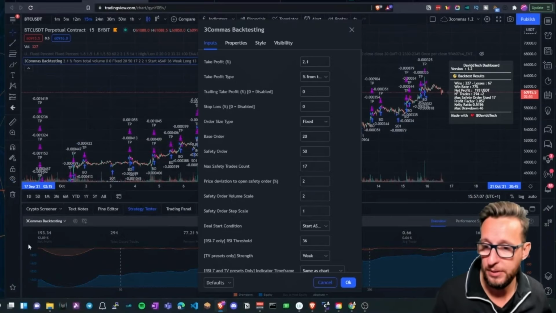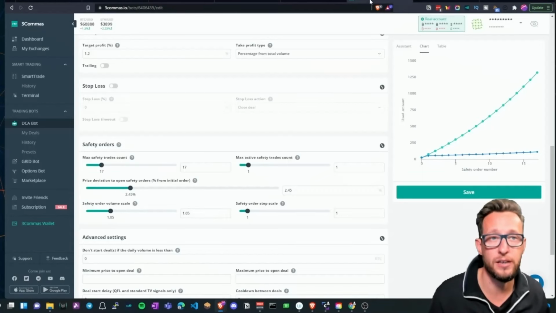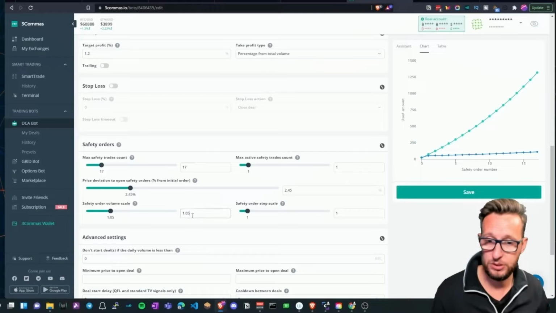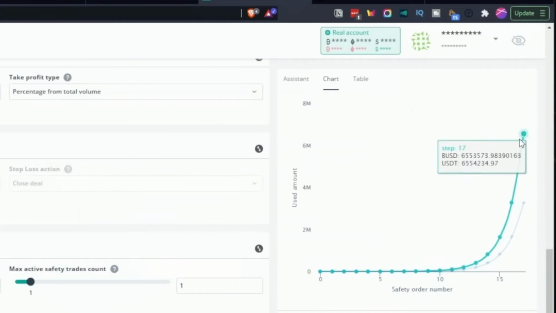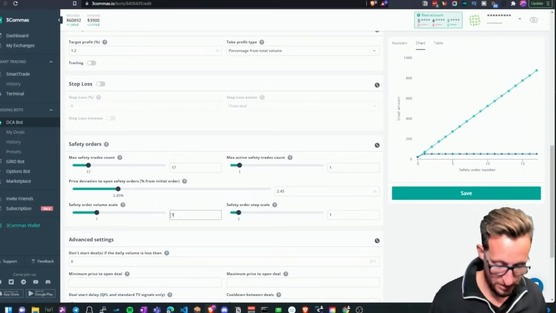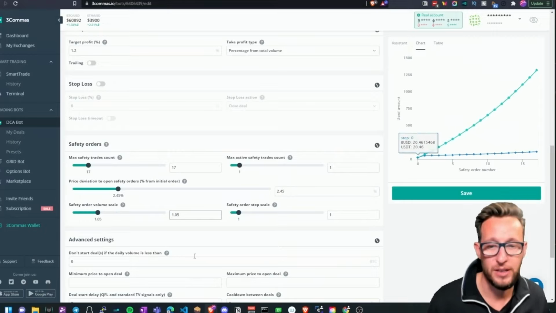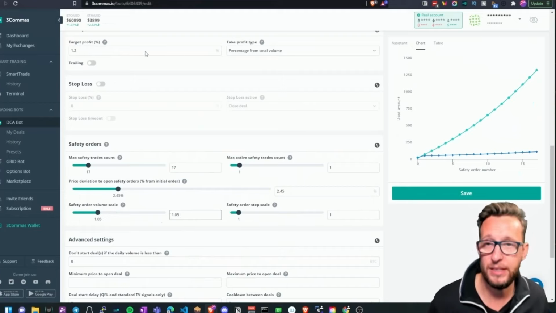You see the net profit goes up humongously to 278%, but as you can see on 3Commas, if you take it up to 2 here, you can see this wonderful tool that actually tells you how much you'll be spending, and if all of the activated orders were done, you'd need $6.5 million to fund your bot, which is definitely not what I want. So let me take that back to 1.05. Okay, so 1.05 seems to be the sweet spot.